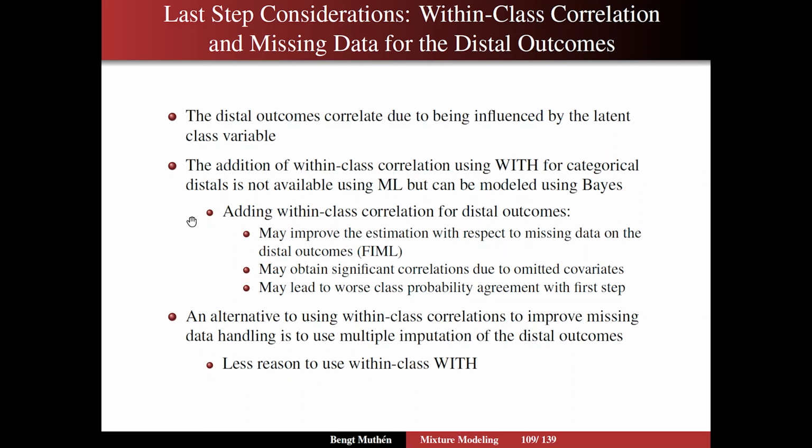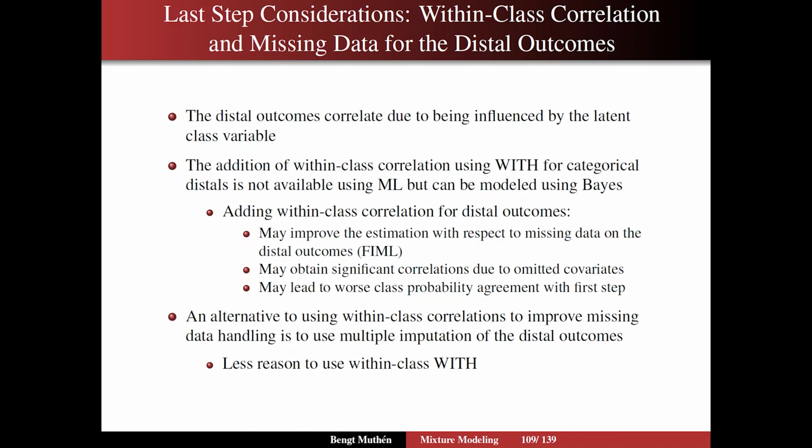Adding this within-class correlation for distal outcomes may improve the estimation with respect to missing data handling of the FIML kind, full information maximum likelihood, using all available information, although in this case the Bayesian counterpart to that.